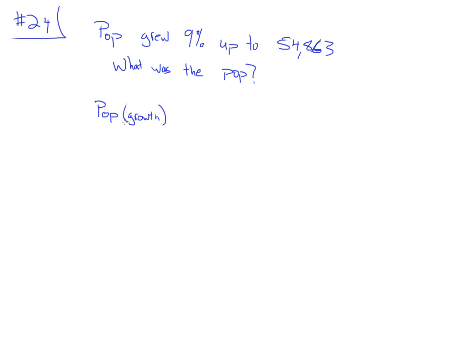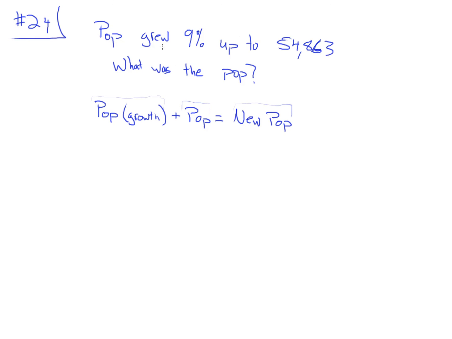It wouldn't tell me my overall population. It would just tell me how many more people in that year. So in order to find out the total population, I need to add that to that original population, and then that's going to give me my new population. All right? So this is kind of everything written out. This is how many people were added in the last year. This is my original, and then this is how many people there are now.